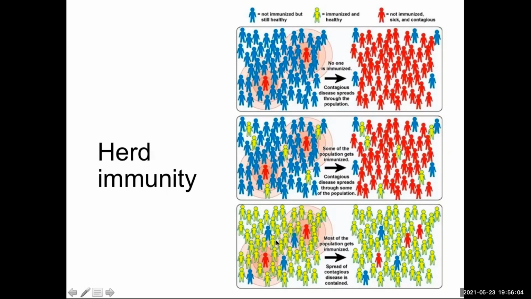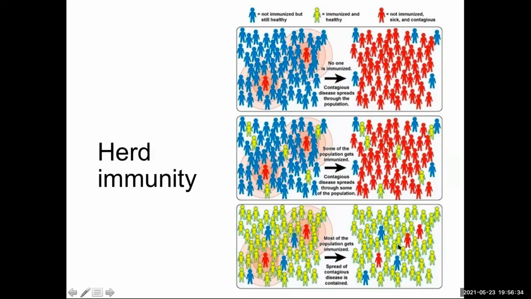Here what has happened? This person is infected. But in this community, a lot of people are immune. Either they have got the vaccine or they have got the infection previously. Therefore, they have antibodies within the body so that even if the virus enters, they can fight it off. Therefore, in this community, the spread is very limited, very restricted.